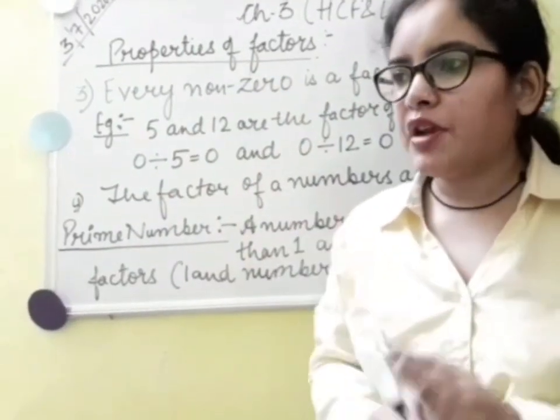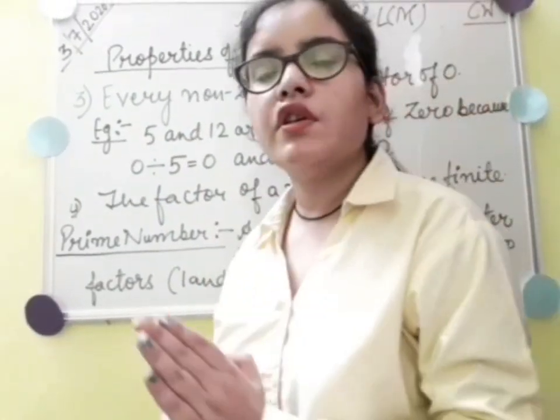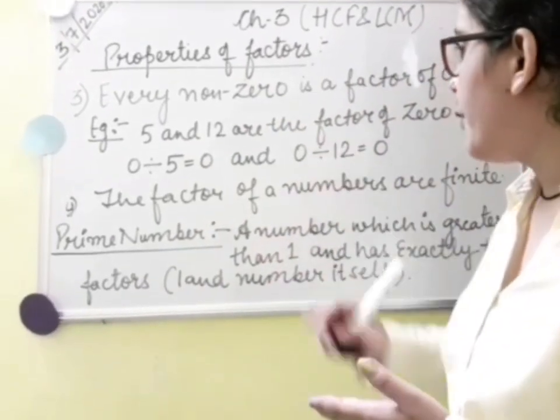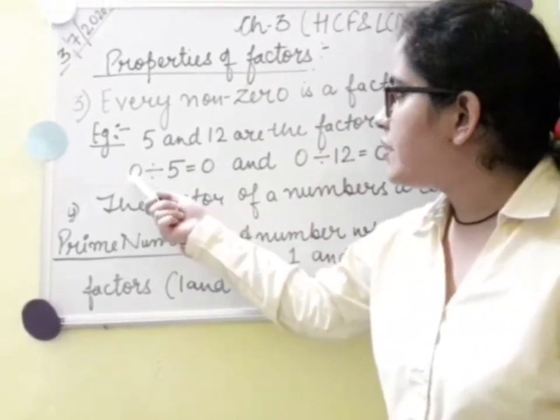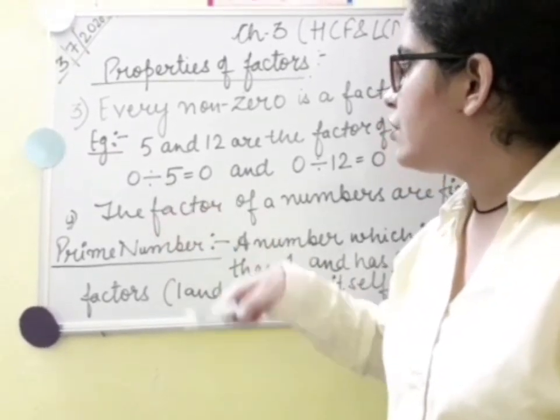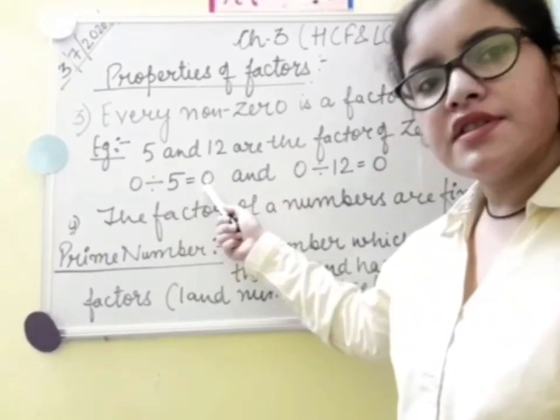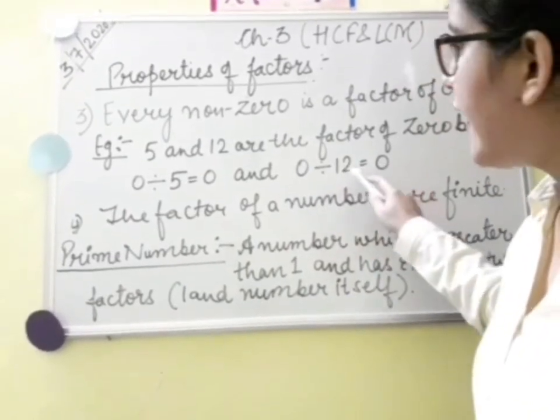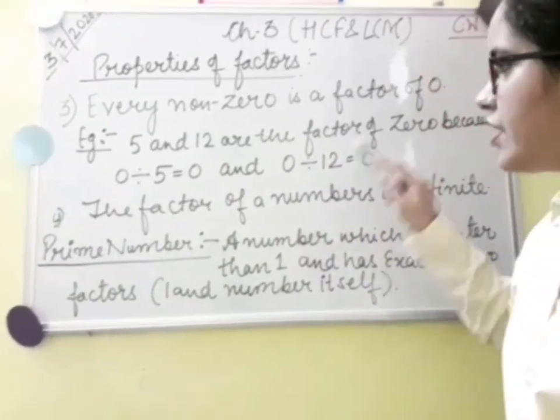Okay, this is your third property. Now you can see in the example, 0 divided by 5 will give you 0. So 5 is a factor of your 0. Similarly 0 divided by 12 equals 0. That means 12 is a factor of 0.